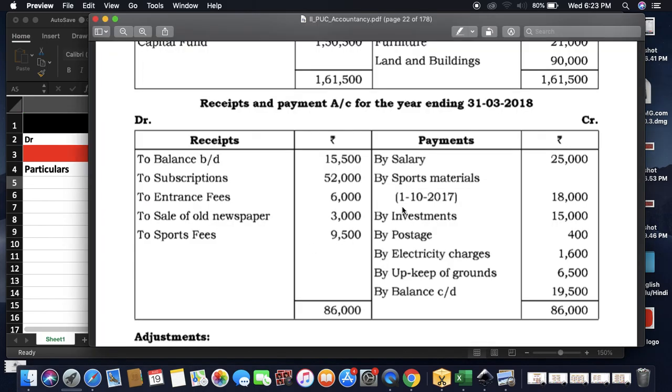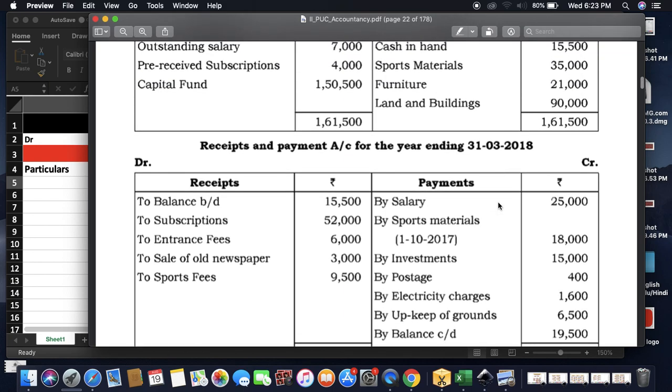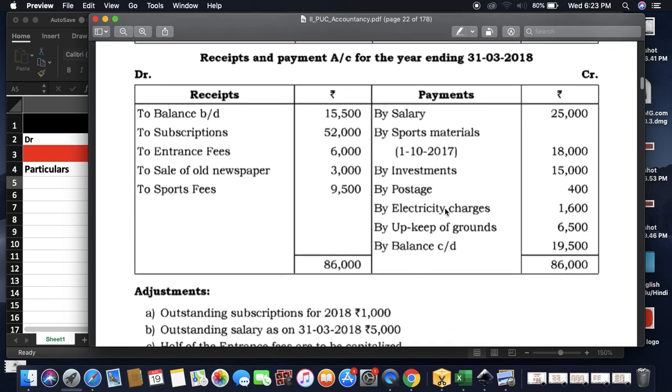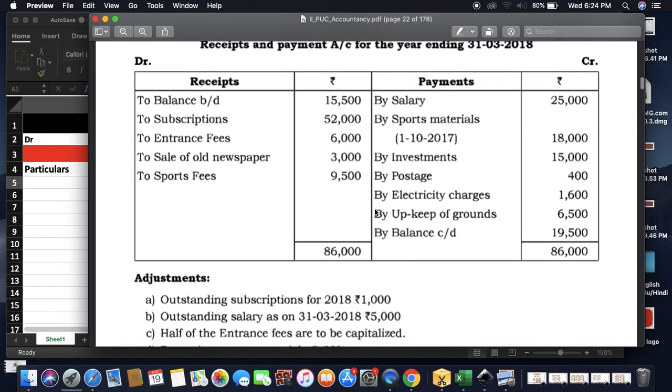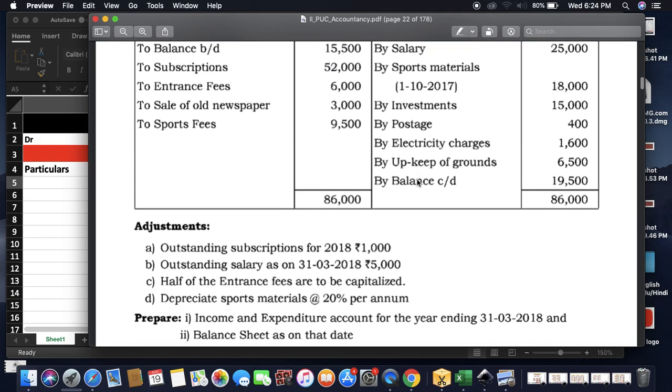The first entry we can see is by salary 25,000. Whenever you get an entry like this, go down and see in the adjustments area if there is an outstanding entry of the same head, that is salary. As you can see, 25,000 we've already paid and we have to further pay 5,000, and this is of this year.